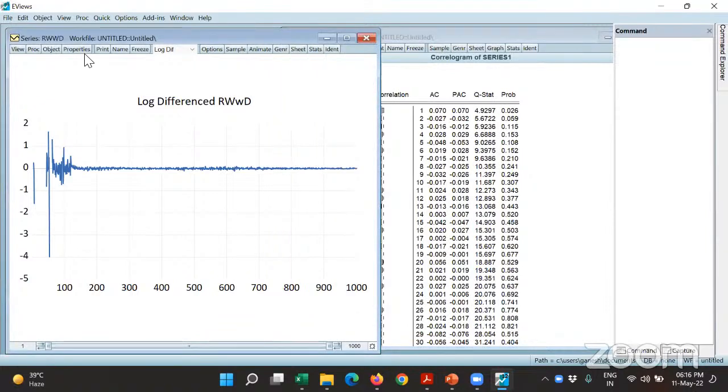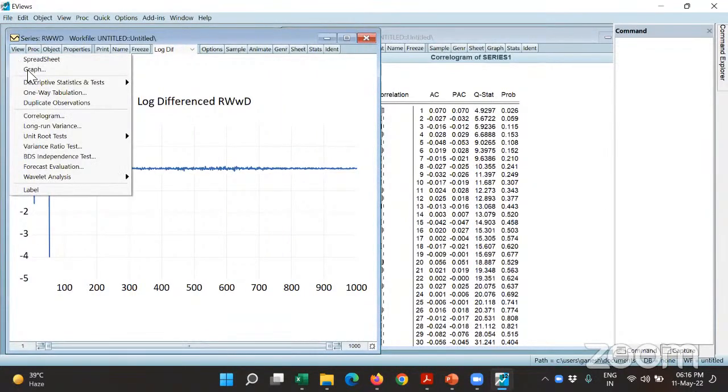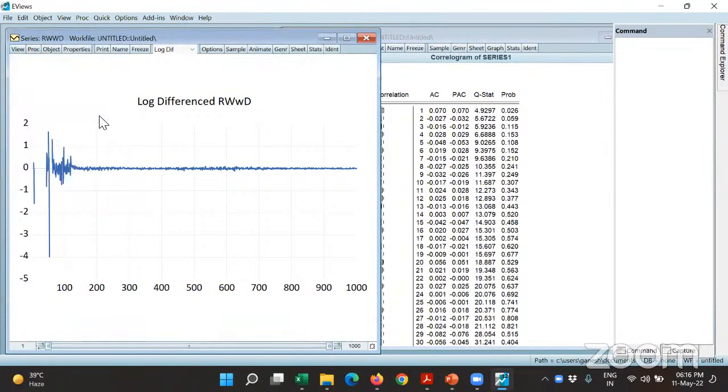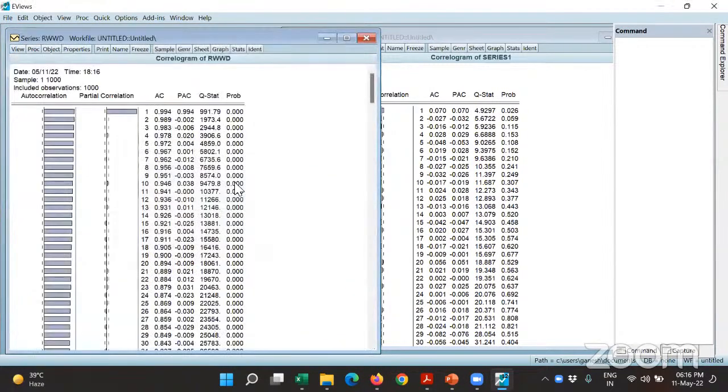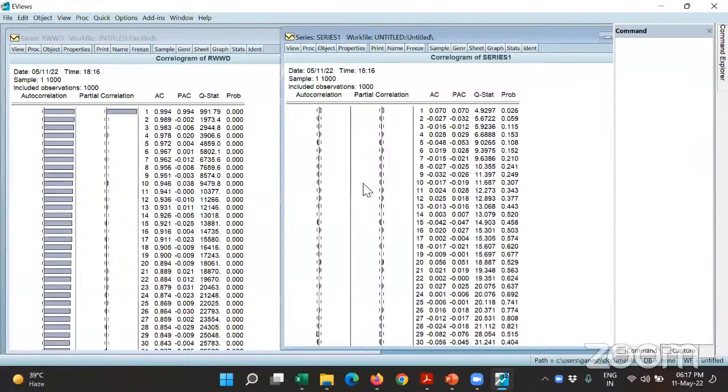Now I have a non-stationary series. I go to View, Correlogram, default. Now you can look at the basic difference between these autocorrelations as well. This series is a stationary series. This series is a non-stationary series.